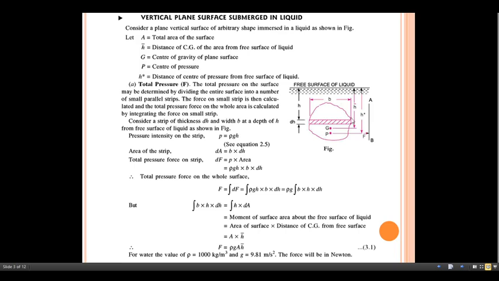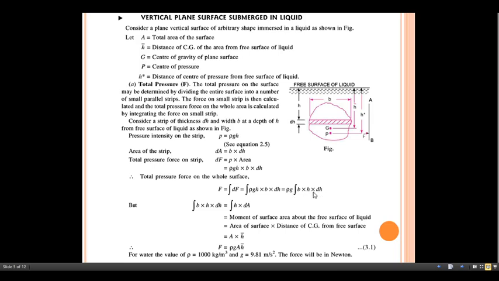For the total, we integrate the small force acting on that particular single strip. So integration of dF equals integration of rho g h multiplied by b multiplied by dh. Take rho g outside of the integration sign, so b multiplied by h multiplied by dh will remain.